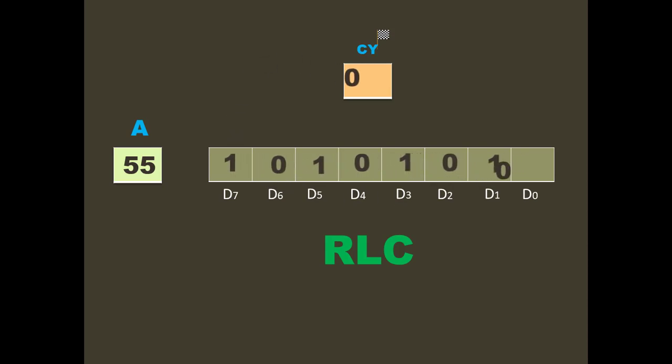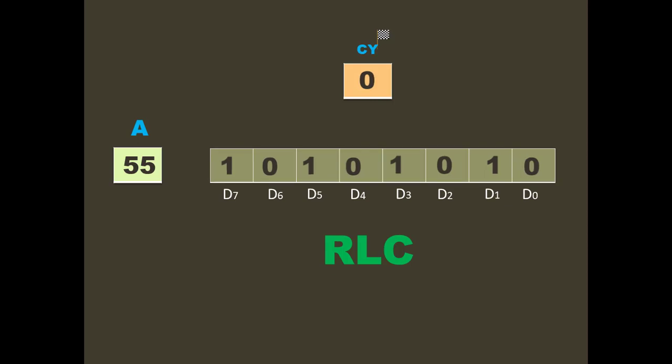Okay, so they are shifted in this way, and of course the carry which was there in the carry flag is lost, and we have this data 10101010. Okay, and because now the new data is 1010 and 1010, so this 1010 is A and 1010 is A. So 55 becomes AA and the carry flag becomes reset. So this is how RLC works.